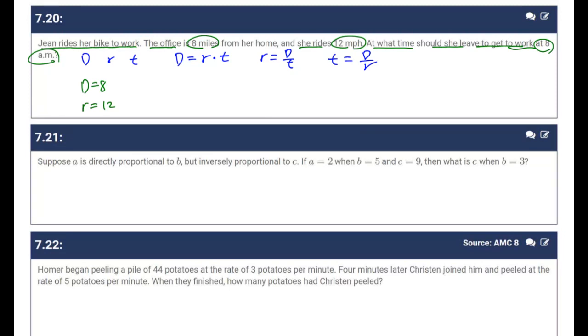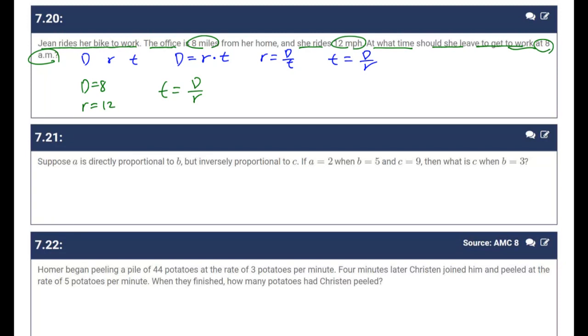John. Anyway, has to get to work by 8 o'clock. Okay, so John has to leave early, right? Earlier than 8 a.m. Now let me figure out how long it takes. So t equals what? Distance divided by what? R, right? What was the distance, by the way?